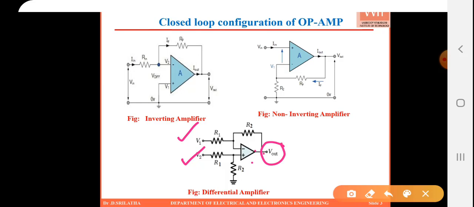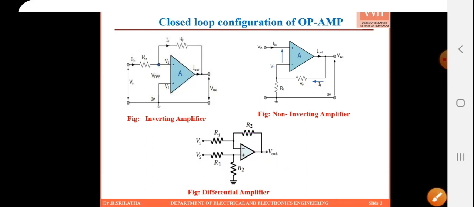And here this is the feedback. R1 is the input resistance, R2 is the feedback resistance. So these three are the closed loop configurations of an operational amplifier. In all three modes we can see the feedback.